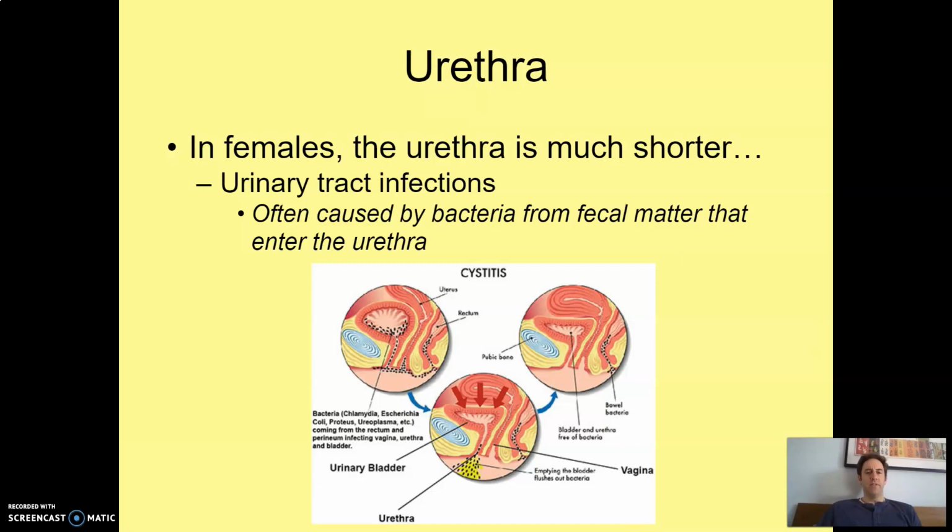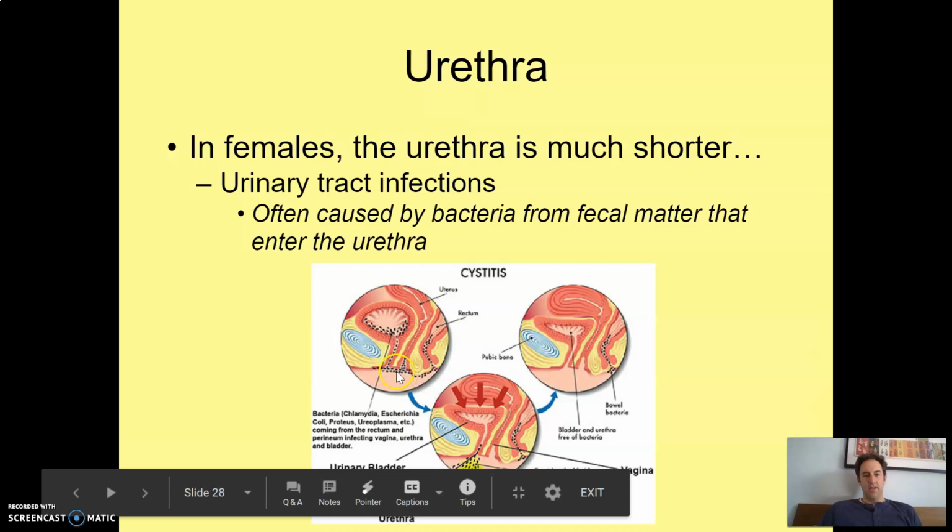So females, you don't get off too easy on this urethra business either. In females, the urethra is much shorter, and that's because in males, the urethra extends down the length of the penis, but in females, it obviously doesn't. But because of that, females can be slightly more susceptible to urinary tract infections. And what can happen is bacteria from fecal matter can kind of make their way to the vaginal opening or to the urethral opening.